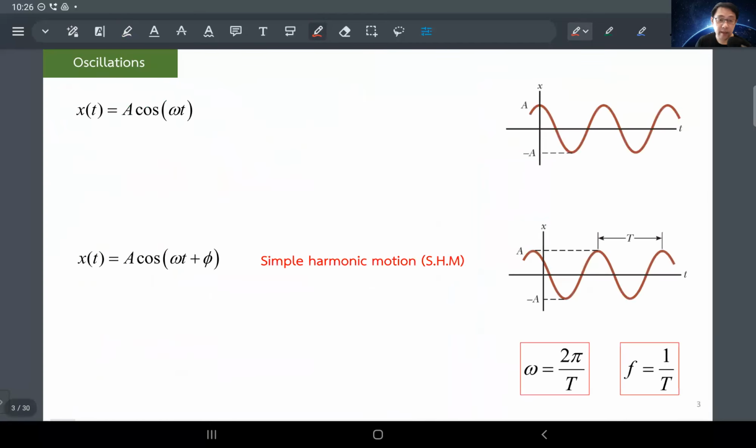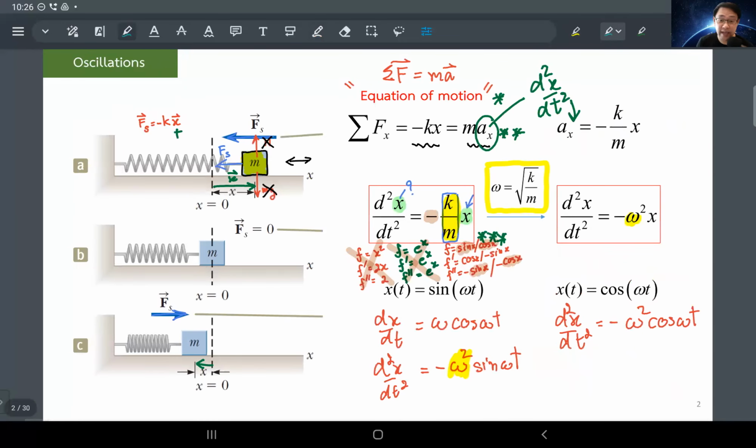One more time: what if I would like to put some constant in the front of the sine and cosine function? It won't affect anything, because if you look at this one, let me start using a different color over here just to showcase, I can actually multiply everything by A.